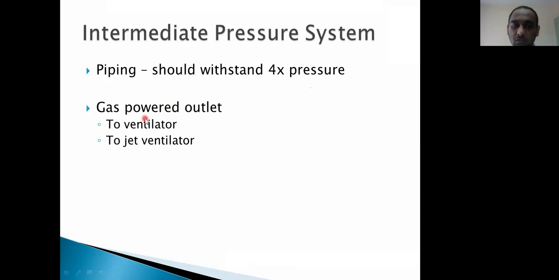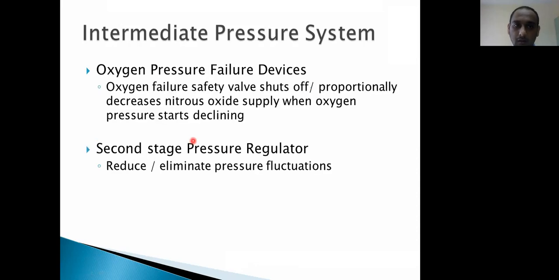When it goes to the ventilator, it helps power the ventilator and helps in mechanical ventilation of the patient, while when it goes to the jet ventilator, it can be used for high risk procedures like bronchoscopy and foreign body retrieval, etc.